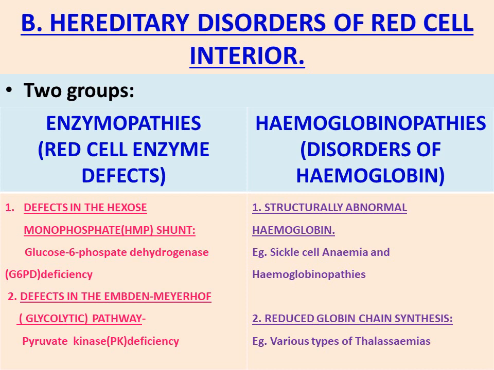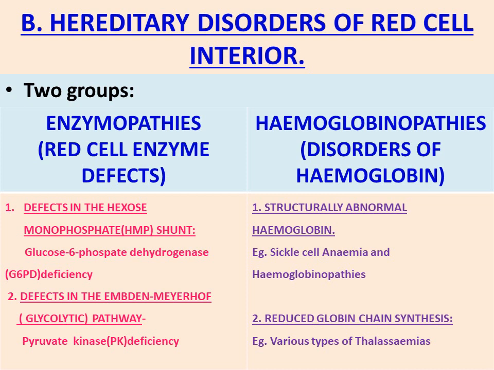Second, defects in the Embden-Meyerhof pathway, also called the glycolytic pathway, which is pyruvate kinase, PK, deficiency. These two come under the enzymopathies.